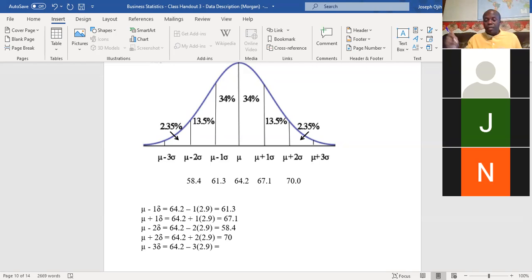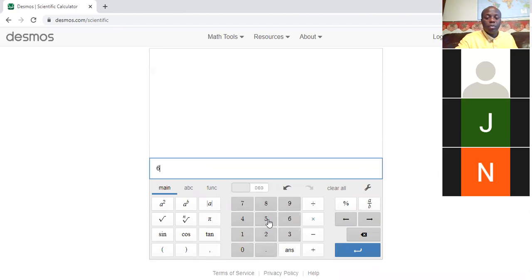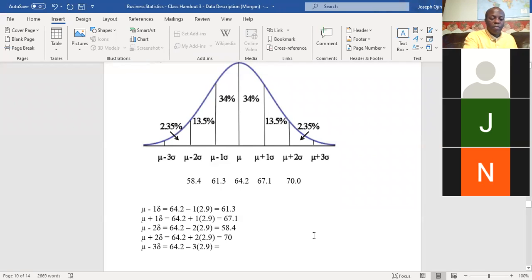In decimals, we got 55.5. So we put 55.5 here.